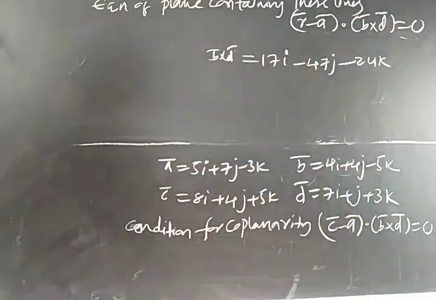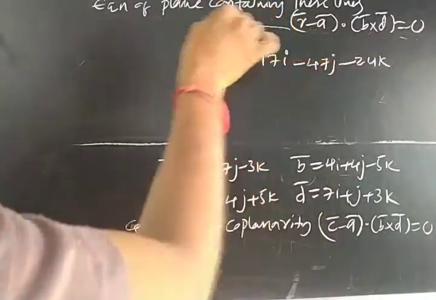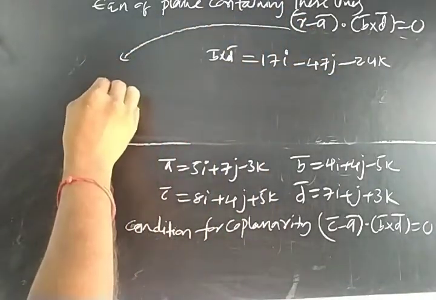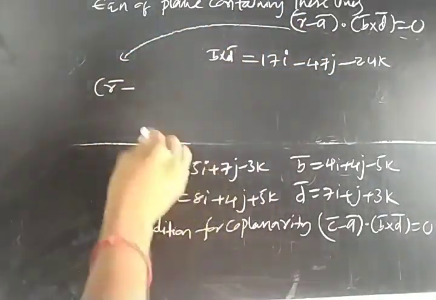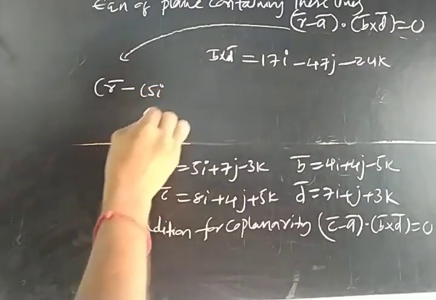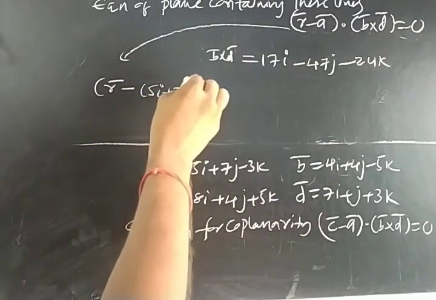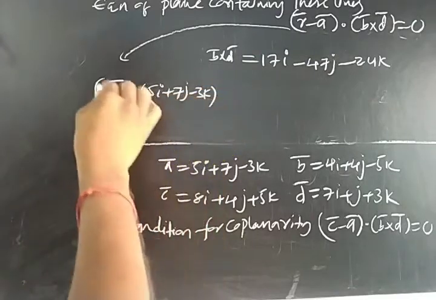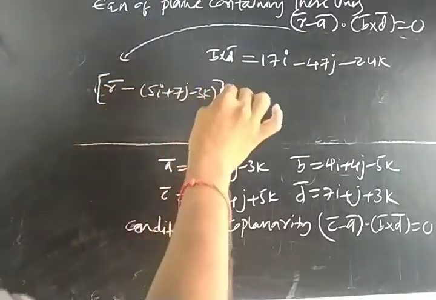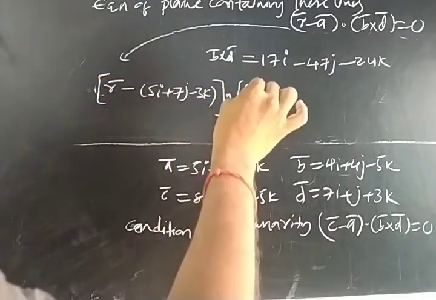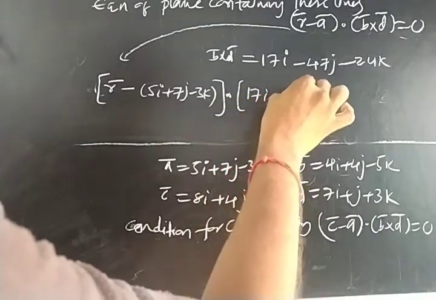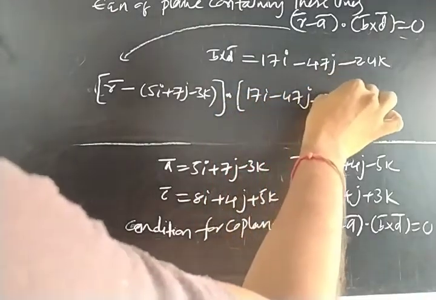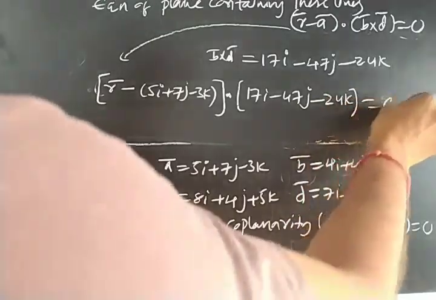Already we have b bar cross d bar, so I am substituting in this. R bar minus a bar, where a bar is 5i plus 7j minus 3k. So (R bar minus a bar) dot (17i minus 47j minus 24k) is equal to 0.